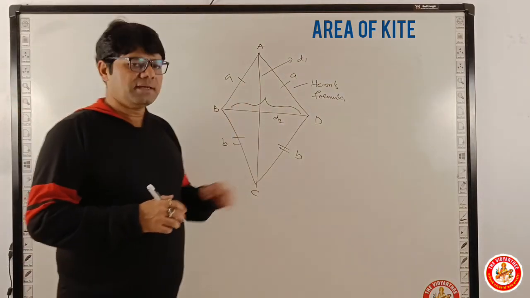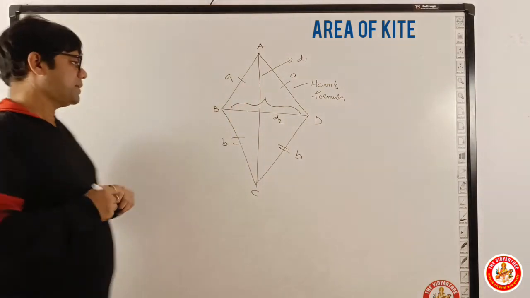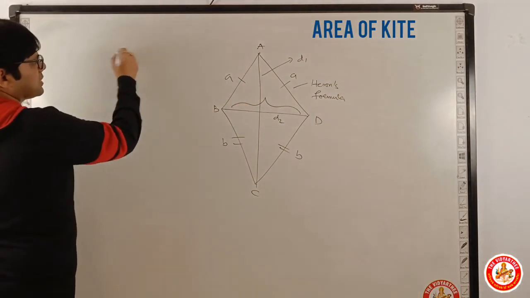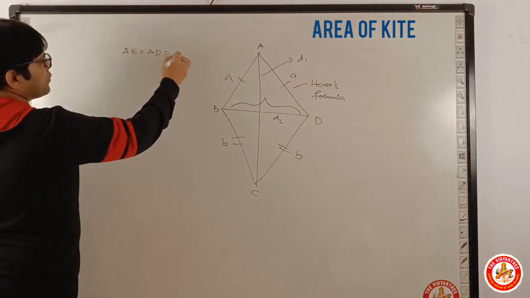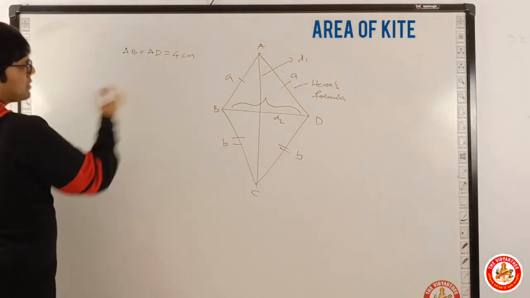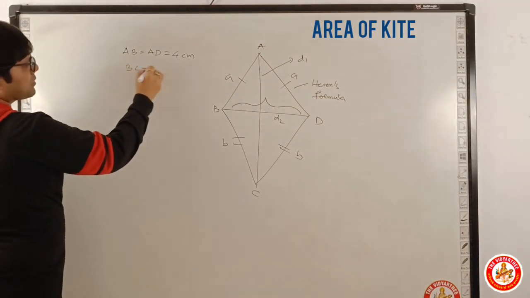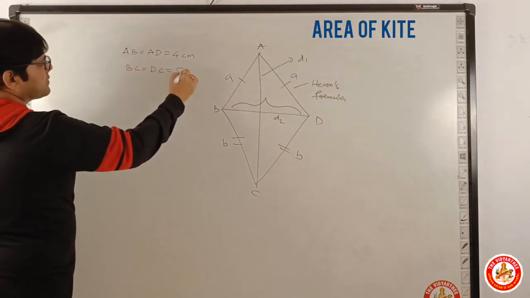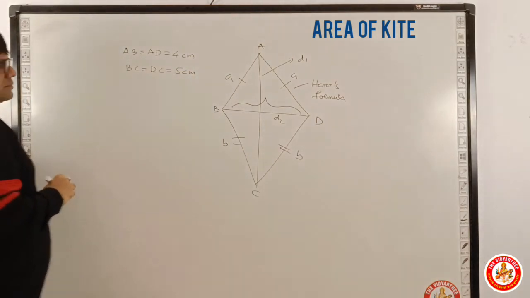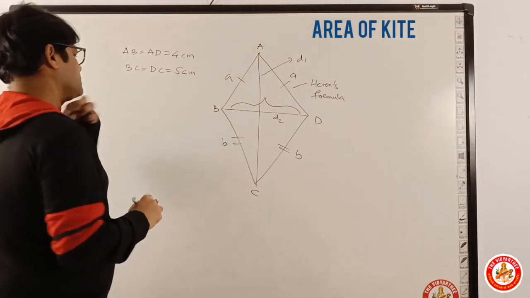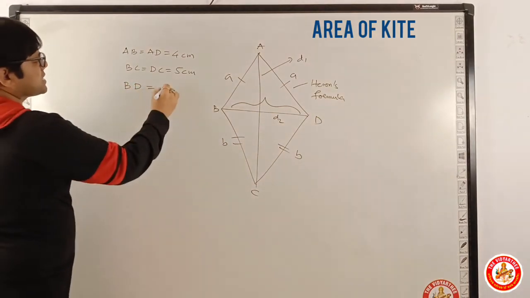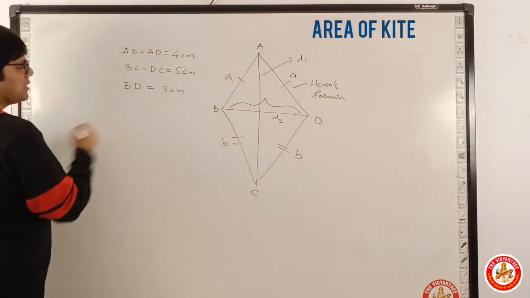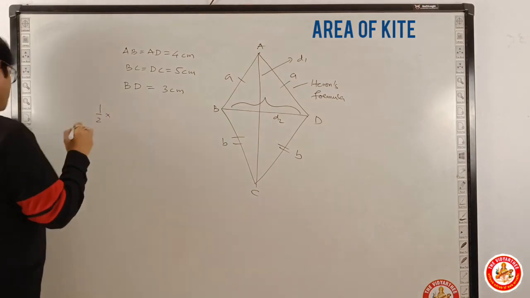So based on that, for example, if I have the measure as AB equal to AD, which is say 4 centimeter, and BC, which is equal to DC, is say 5 centimeter, and if BD is provided as 3 centimeter, then the area will be half into base.